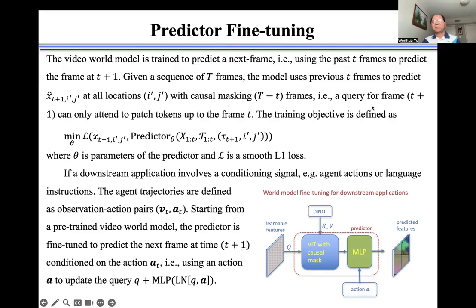Namely, a query for frame t+1 can only attend to patch tokens up to the frame t. The training objective is defined as here.